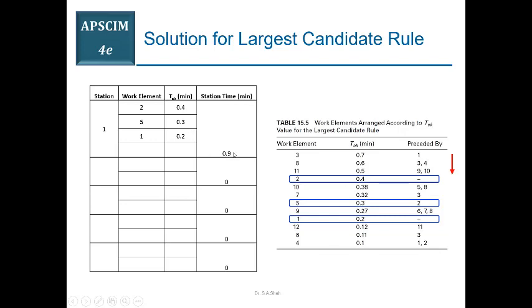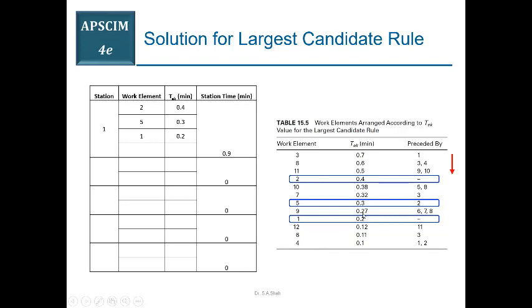Still we have a 0.1 minute slot available in this particular workstation. So now we can look for an element which has an operation time equal to 0.1 minute or less than 0.1 minute, which is the only candidate in the last, which is work element number 4.